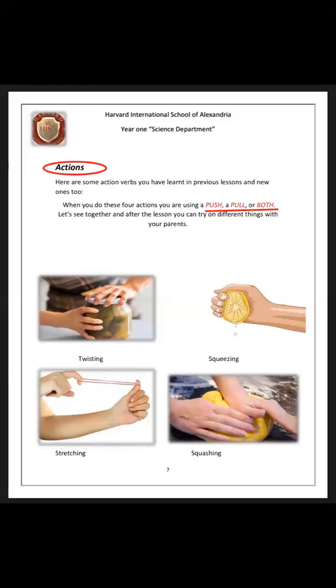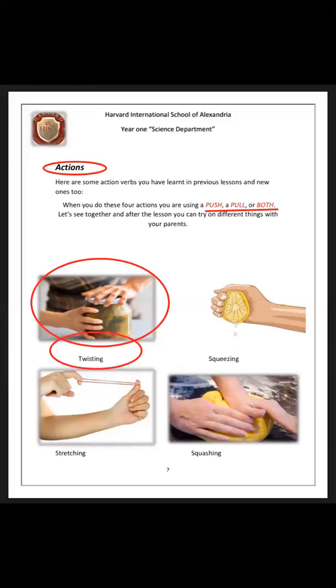Okay? Let's see together. And after the lesson, you can try these pictures with your friends, as I said before, and work out what kind of pushing and pulling these pictures are. Okay, the first picture is a man trying to open a jar.